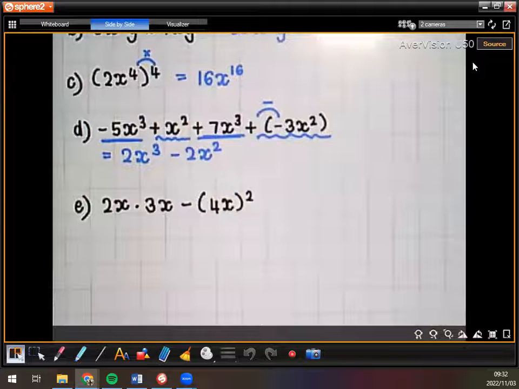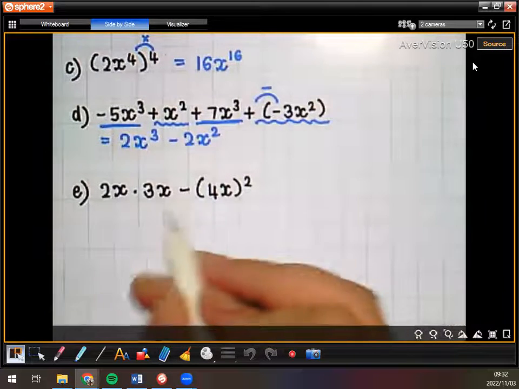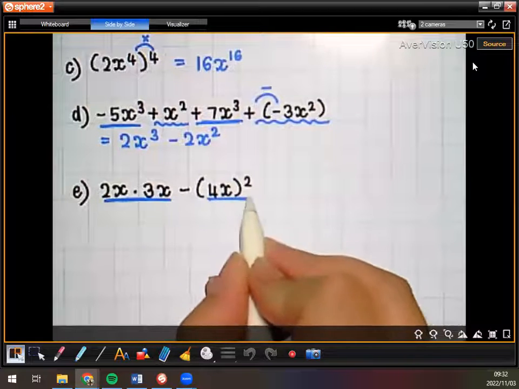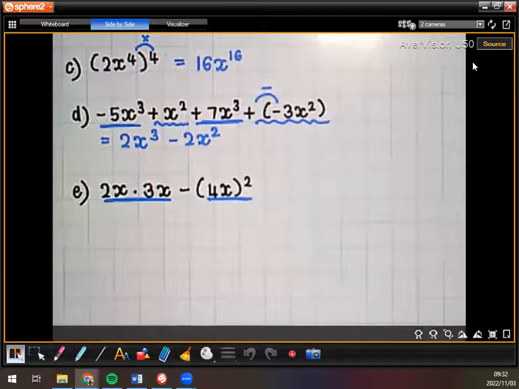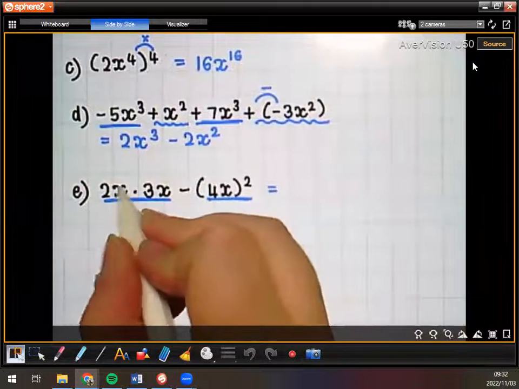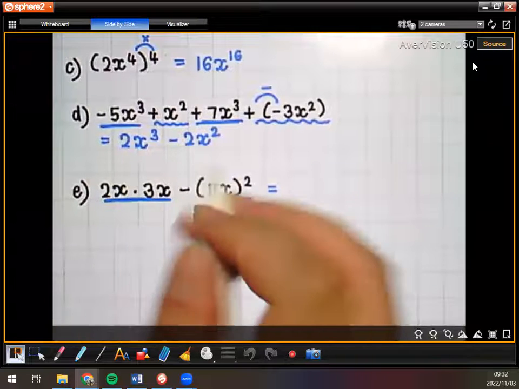Okay, E. Guys, this is a good math question because we have multiple operations happening here. We first need to times those 2, and then we need to sort out that bracket before we subtract. Okay, we can subtract after that. So what am I going to get if I say 2x times 3x? 6x squared.